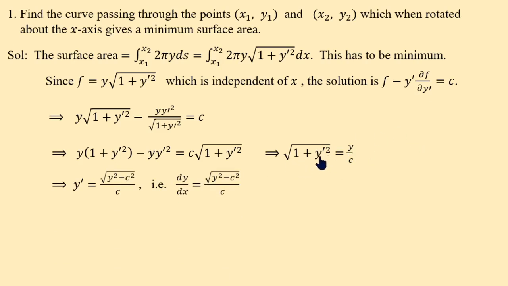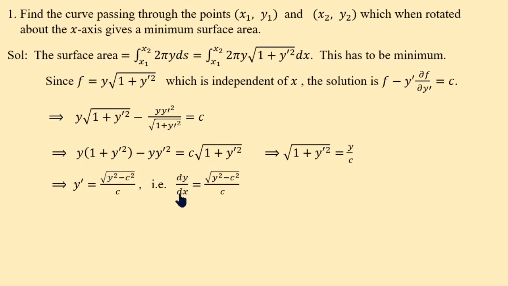Take one to the right side: y dash square is y square by c square minus 1, or y square minus c square by c square. Take the square root: y dash becomes root of y square minus c square by c. So this is your y dash.